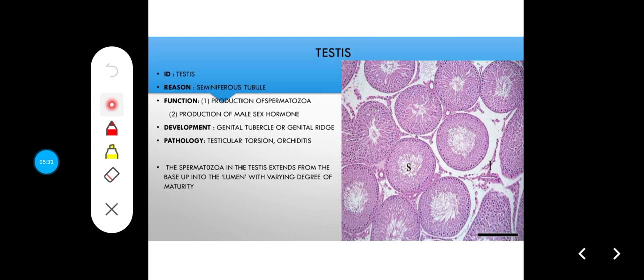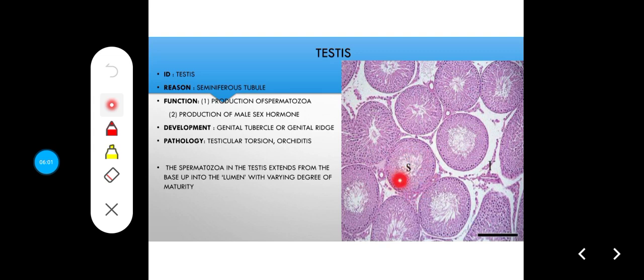You will also see the spermatogenic cells, the precursor cells, which are more at the base. Then, as you progress towards the lumen, you see spermatocytes and spermatids in varying levels of development. That's one of the striking features of the testis.